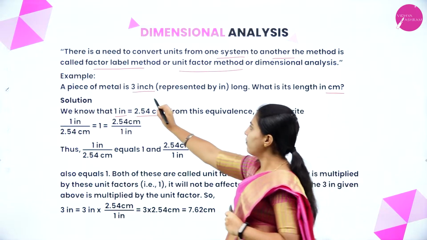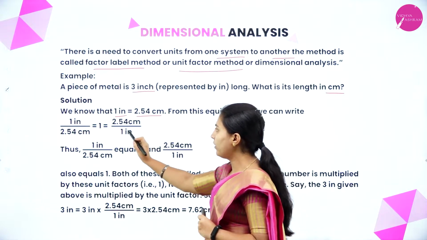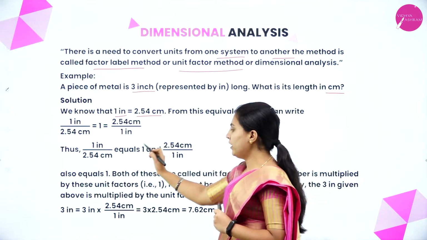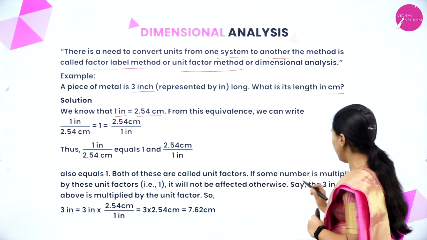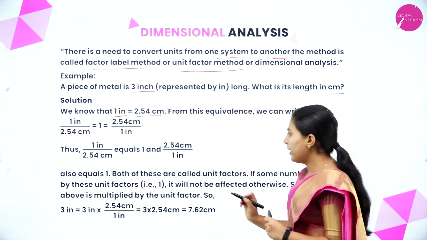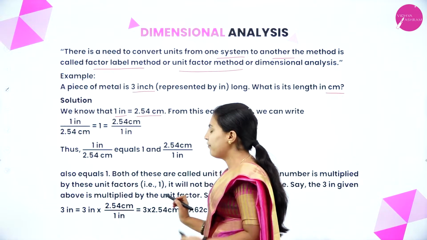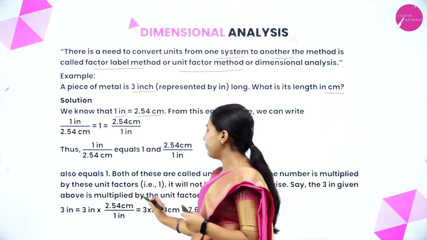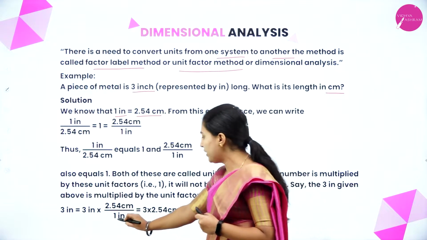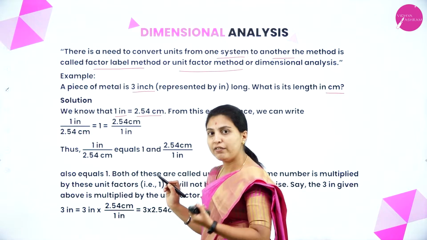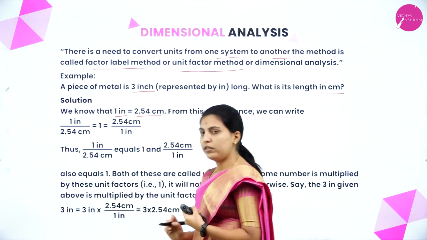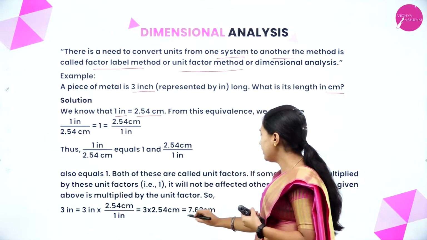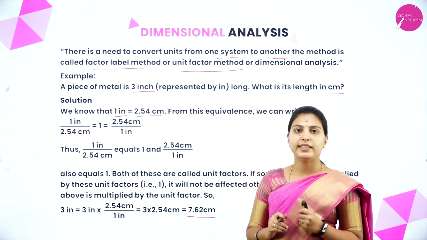They have asked for 3 inches, so 3 inch equals 3 inch into 2.54 by 1, that is, 2.54 centimeters for 1 inch. Now we multiply for 3 inches. How much do you get? 3 into 2.54 equals 7.62 centimeters.